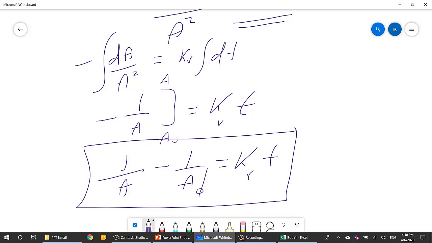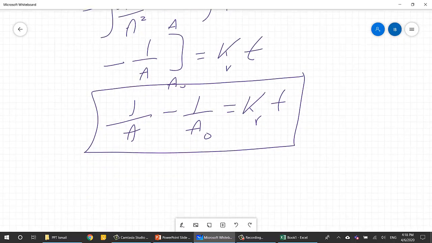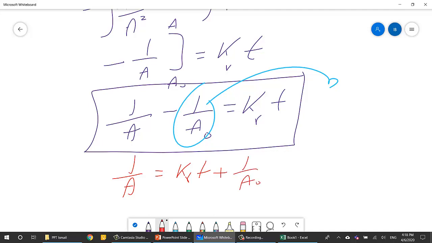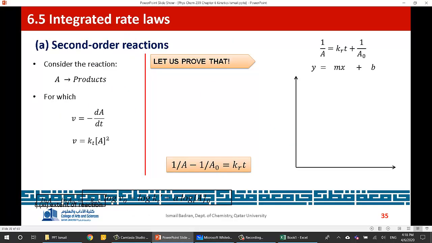You can rearrange this equation again in the form of a linear equation. You can send this term to the right, and this will give you 1 over A, which is the Y, equal to KRT, which is the MX, plus 1 over A naught, which is the intercept. Therefore, if you plot 1 over A on the Y-axis and time on the X-axis, this will give you a straight line that is going up.